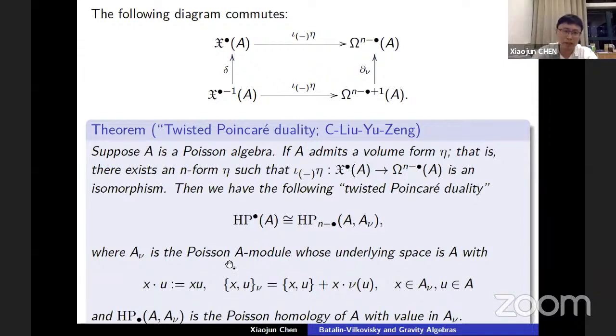Here I repeat the definition of A_nu, which is the A-bimodule whose underlying space is A with this new Poisson module structure. Here HP lower dot is the Poisson homology and HP upper dot is Poisson cohomology.